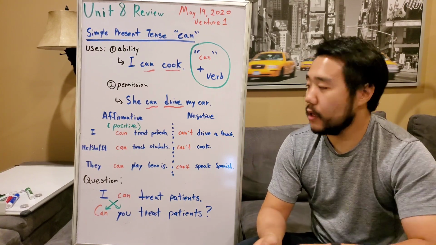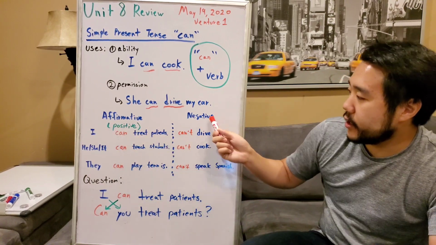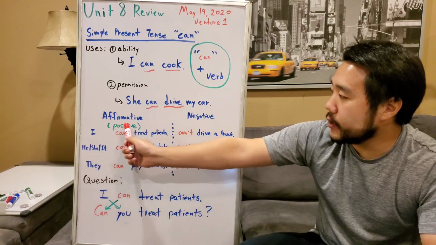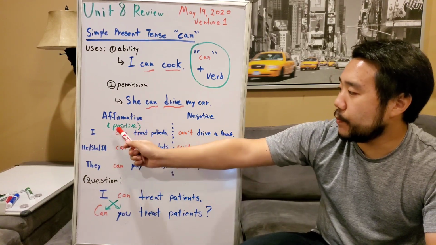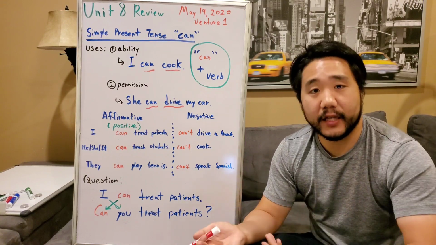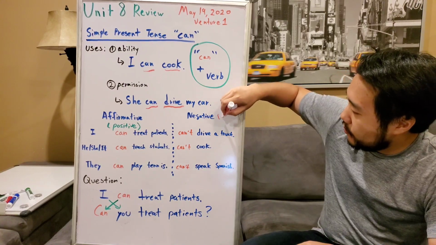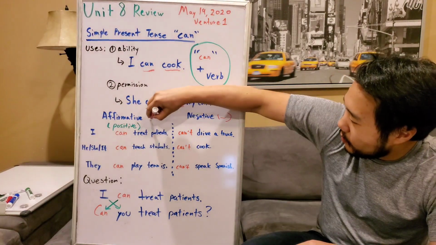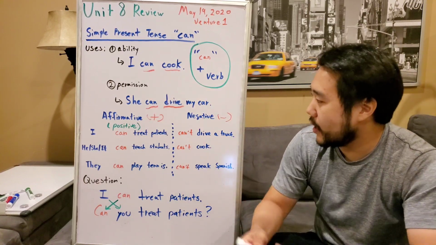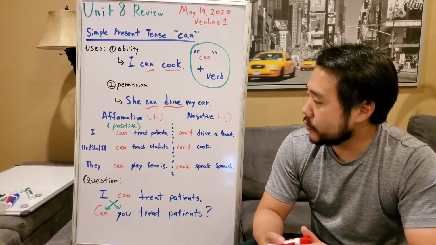Now let's go over some more sentences. Here we have something called affirmative and negative. Another word for affirmative is positive. It's the opposite of negative. Affirmative is positive, plus sign; negative, minus sign. Let me go over the examples.